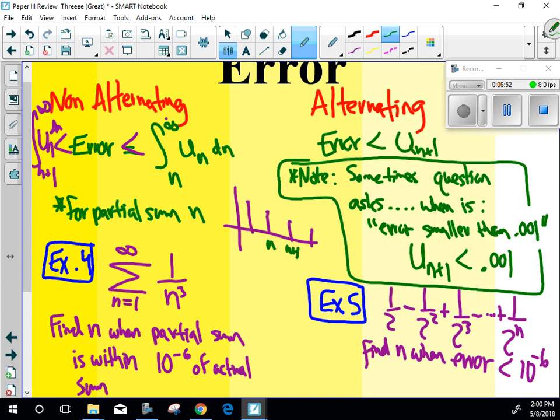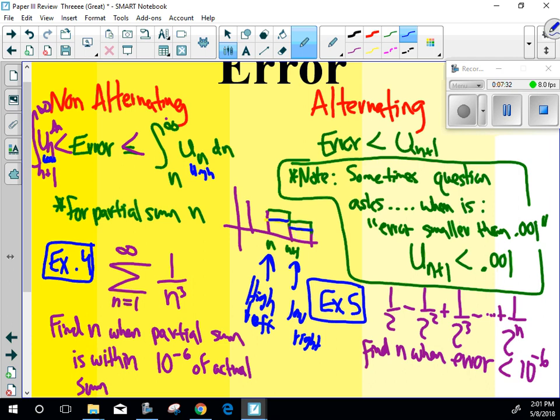If you start here at the n, you're going to get that. If you start at the n plus 1, which one's going to be high and which one's going to be low? The one that starts with n, will that be high or low? High, because it's the left edge. And then this one's going to be low because it's the right edge. So this is high, left edge, this is low.